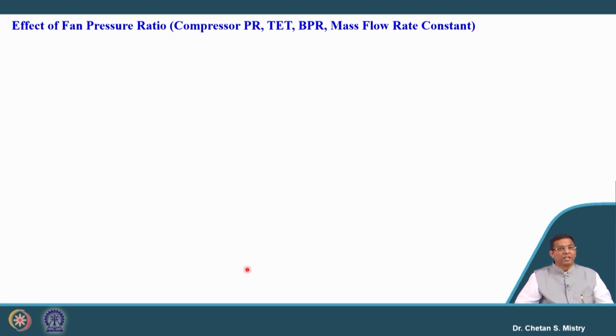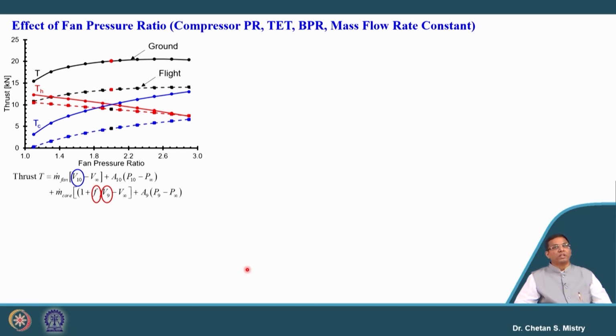We will check the variation of fan pressure ratio, keeping all other parameters constant, and here we will be discussing the flight condition and the ground condition. So, just look carefully. In this case, the full line represents the ground condition, and the dotted line represents my flight condition.